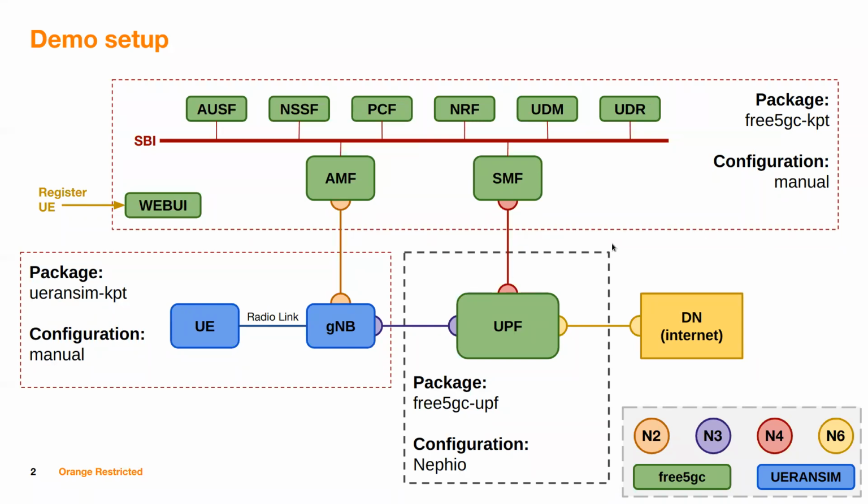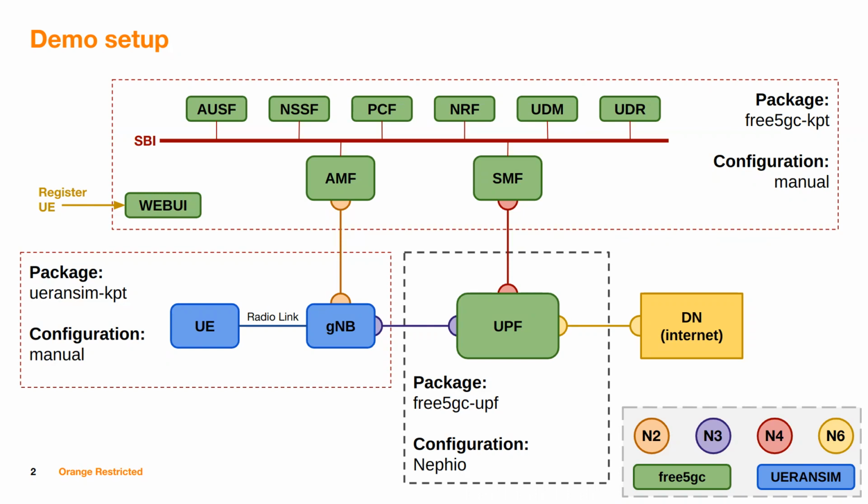We did some improvements. So right now we have the kpt packages for everything, but only for the 5GC UPF package the configuration is done by Nephio. We didn't target to improve the specialization phase, or the 5GC operator.